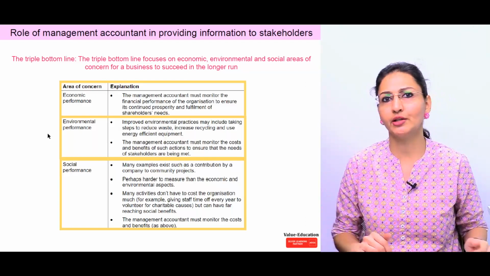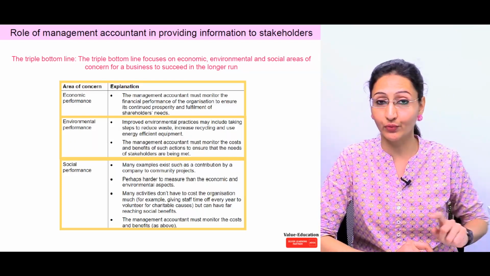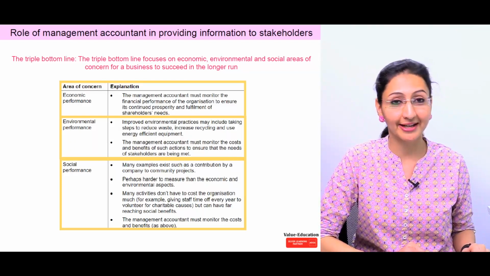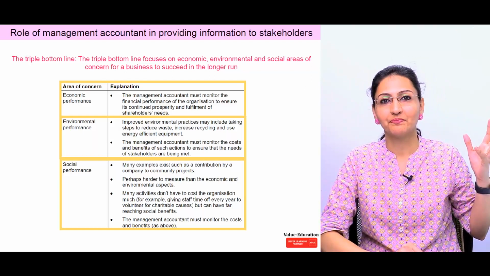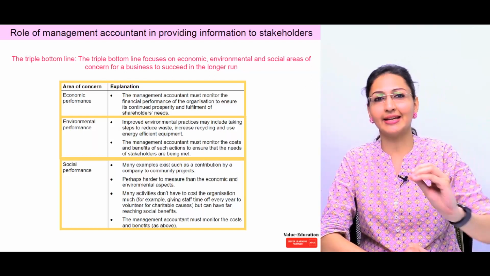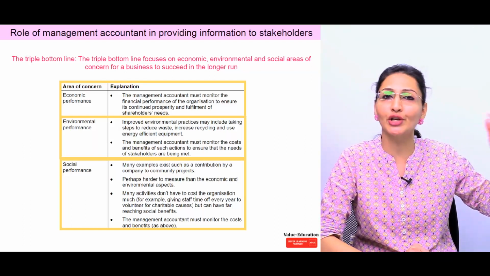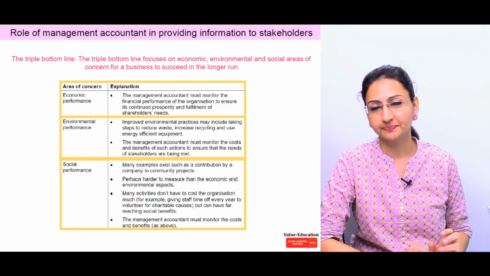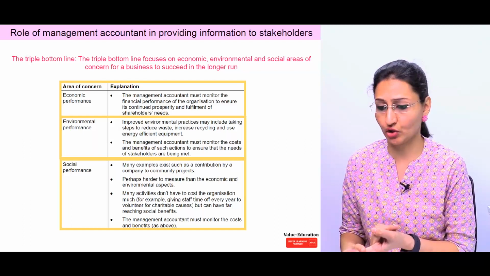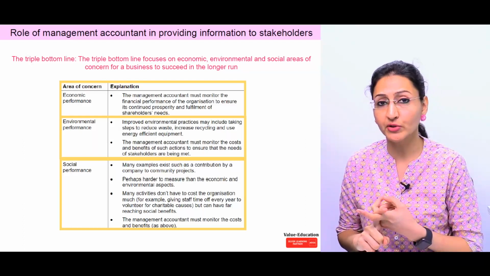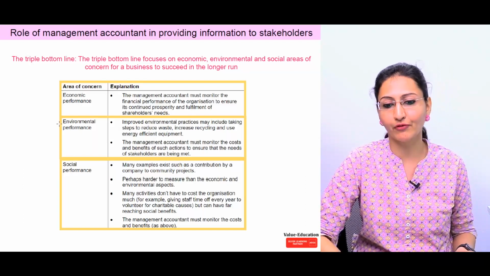These are all related to environmental performance, how a business performs when it comes to the environment in which it is operating. That means the environmental performance of a business has to ensure that it is sustaining for a very long period of time. It is going to sustain that development and growth for a long period of time. It is not polluting the air, it is not polluting the rivers, it is not discarding waste which can be hazardous for the people living around. These are environmental performance areas.